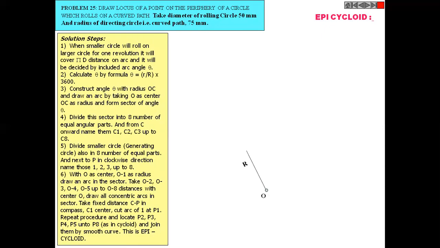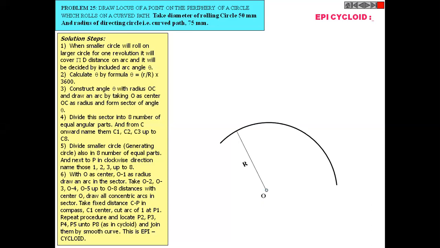Now, the next curve is epicycloid. In epicycloid, one circle will roll on another circle, but on the outside of its circumference, and the generated curve is known as epicycloid.